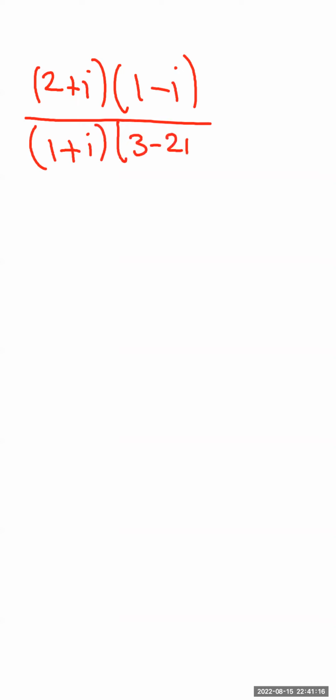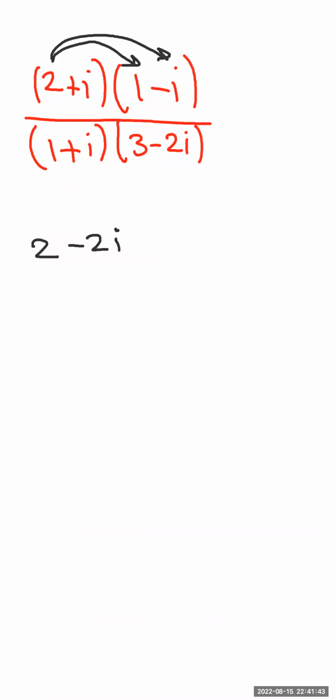In this case, first, we have to simplify the brackets before doing anything. So multiply the two brackets in the numerator. 2 times 1 is 2. 2 times a negative i is minus 2i.